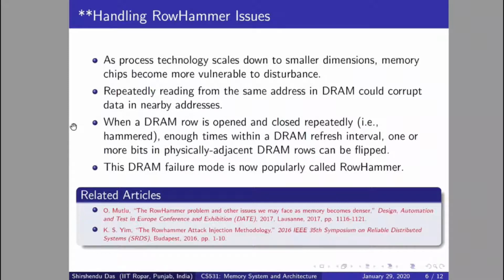Though this row is not accessed, since the upper and lower rows are accessed very rapidly, the charge stored in the capacitor of that particular row may discharge or may be damaged. So this is called the row hammer problem.